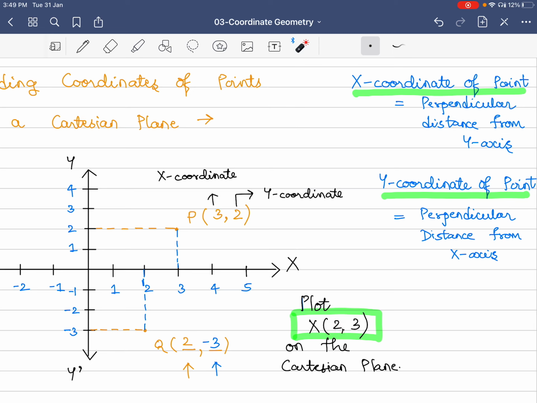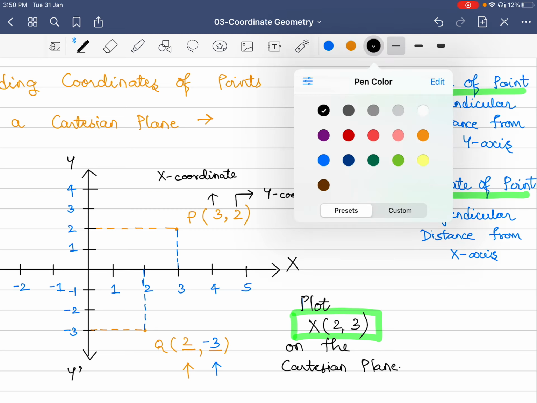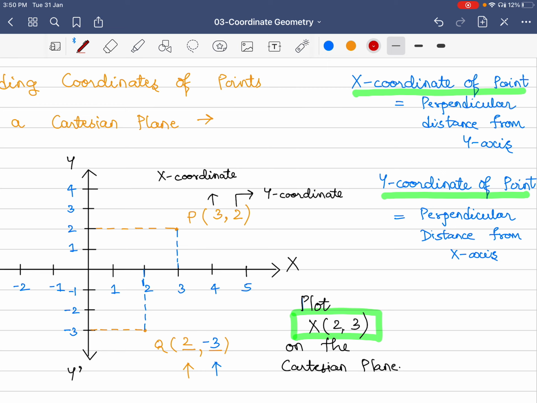Let's use another color. Okay, I'll use red. So perpendicular, and, most important, it is positive. So since it's positive, it will be in this plane. Okay, so the perpendicular distance will be 2 from the y-axis.